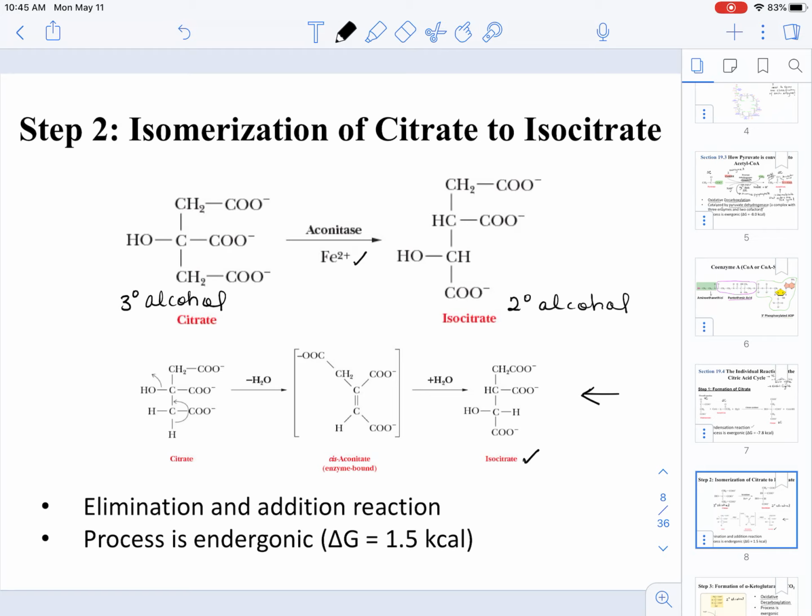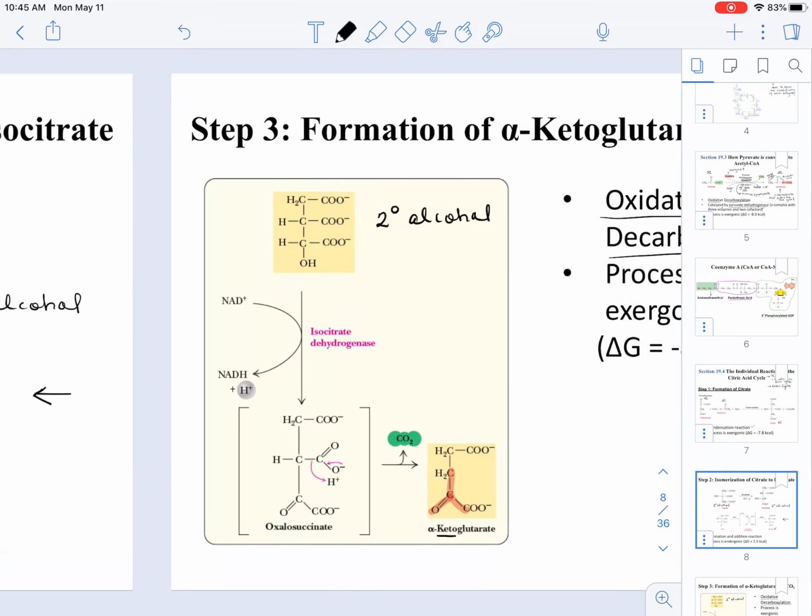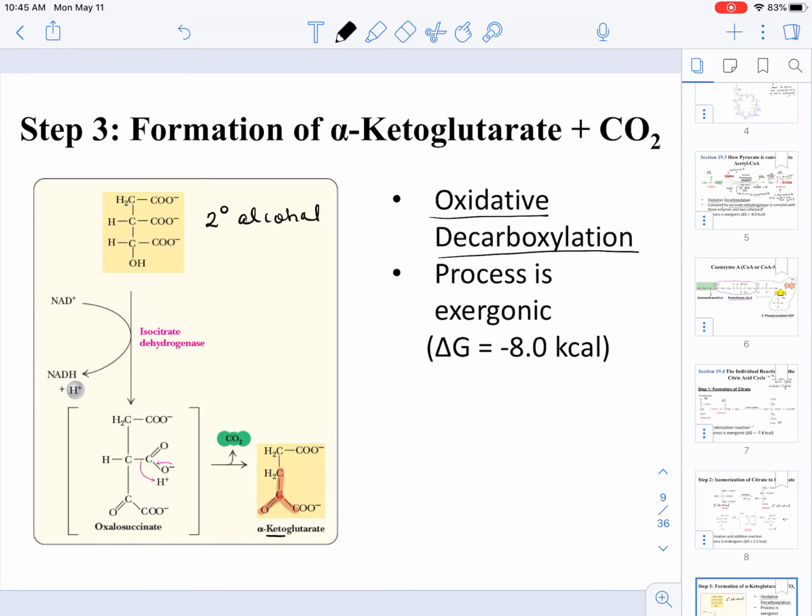So in this cycle, it makes sense that on step 2, since the tertiary alcohol cannot be oxidized to any functional group, it needs to be converted to a secondary alcohol, because as you can see in the next step, on step 3, we're forming a ketone. Ketones cannot come from tertiary alcohols. They can only come from secondary. So that's the logistics of why we did the isomerization on step 2.